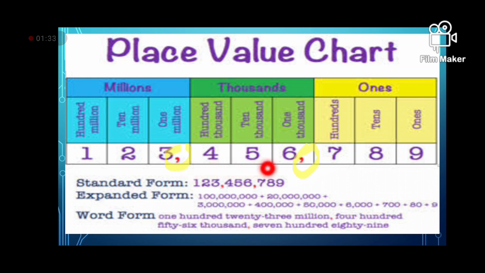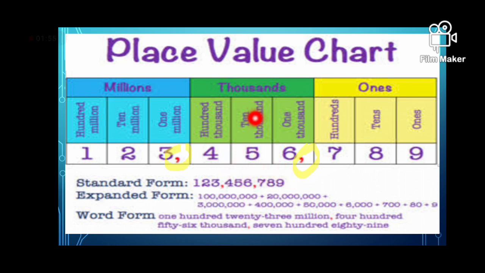and that is called the 100 millions. Then 2 is followed by 7 zeros means 20 millions, plus 3 in 1 million means 3 millions. 3 is followed by 6 zeros or 3 millions. Then 4 in 100,000, so 400,000.